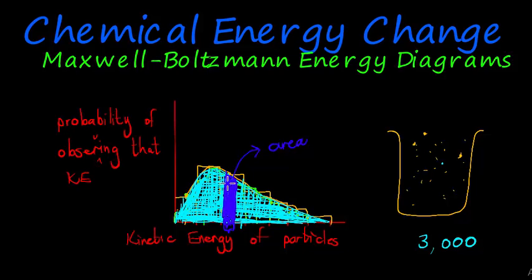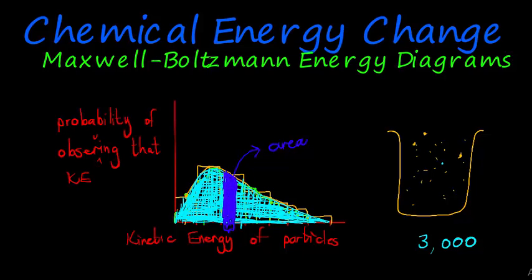When it comes to the actual maths, it ends up getting very complicated, far beyond the scope of this course. But I want to use this idea to explain how the Maxwell-Boltzmann energy diagrams can be used to explain how different factors affect the rate of a reaction.